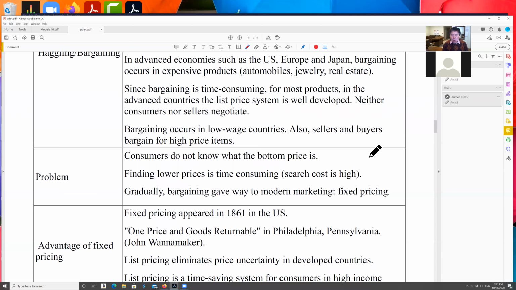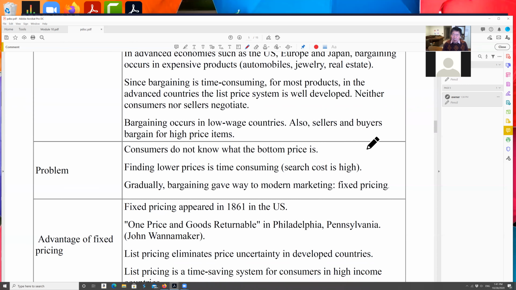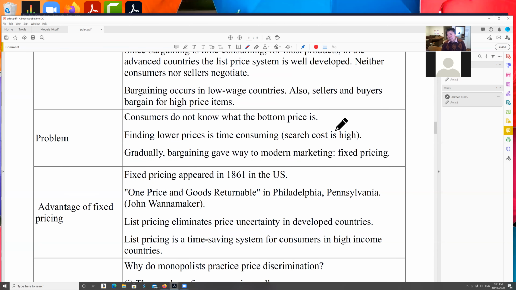Often the seller knows from experience what the bottom price consumers are willing to pay. So often they would discount a little bit and so on. So that's what happens. Haggling and bargaining often occurs for high-priced items and also in developing countries.